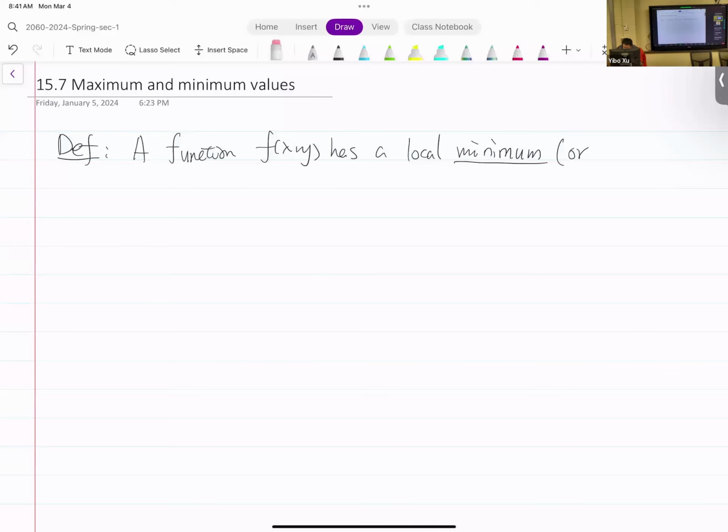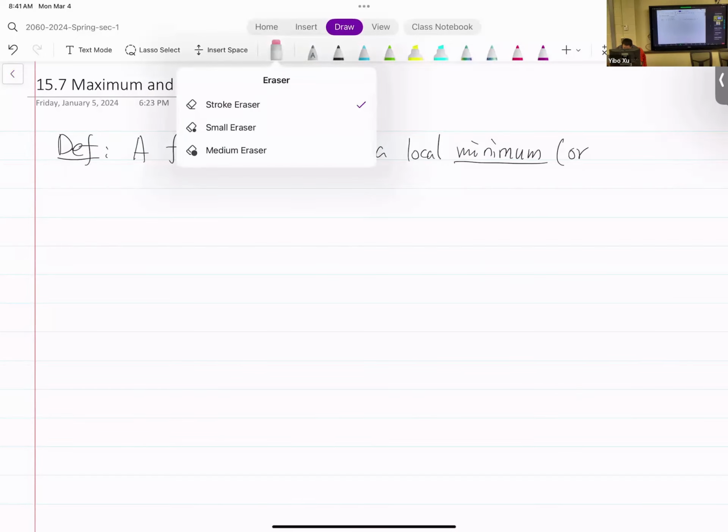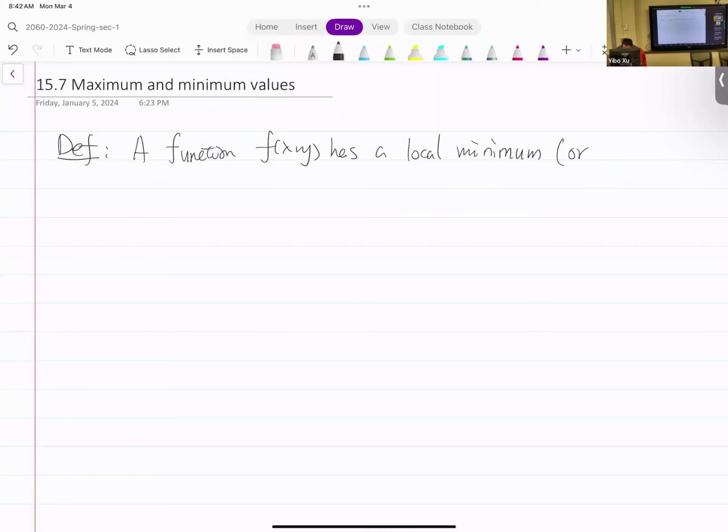So the local minimum or local maximum, and then put it in the next one. So I'm putting everything in one sentence using the brackets because it's not really new. So it's a local minimum at the point AB.